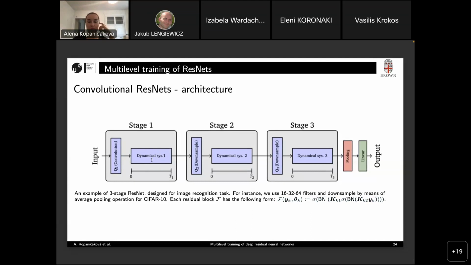Stage 1 has 16, stage 2 has 32, and then 64, and every time we change stage we downsample our image by means of an average pooling operation. Each stage will have an associated separate dynamical system, so we build the multi-level hierarchy and transfer operators separately for each stage of our network.